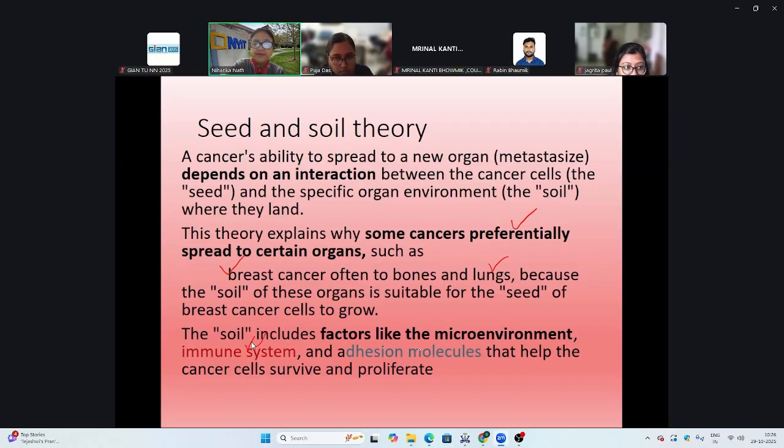And secondly, there are adhesion molecules. The cancer cell needs all these various adhesion molecules. Adhesion means to stick together. It needs them to be able to locate and stay near that place and not be destroyed. So it has to be able to adhere to the new location, through the blood vessel, in order to survive.